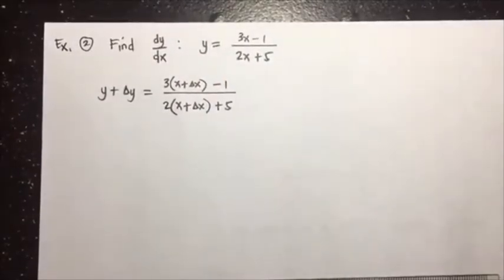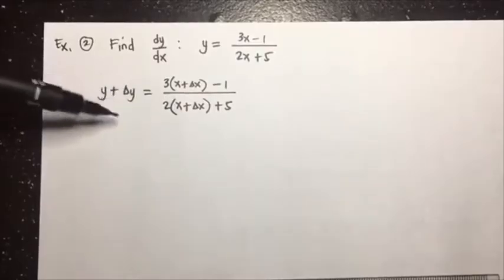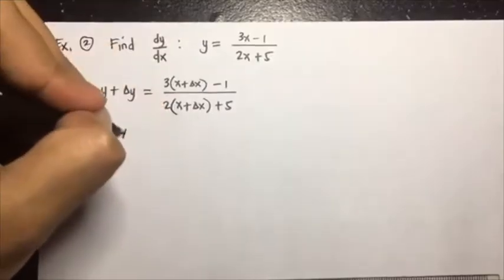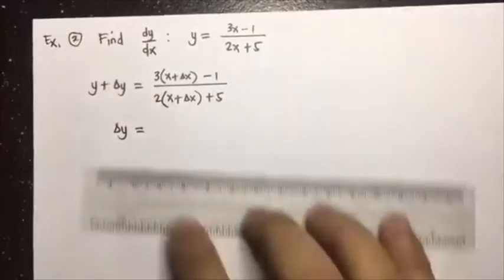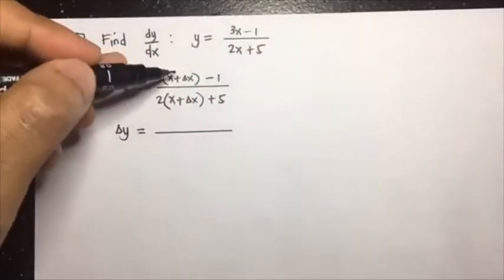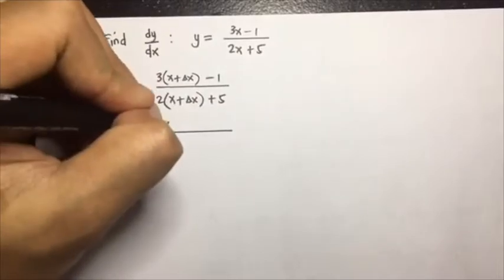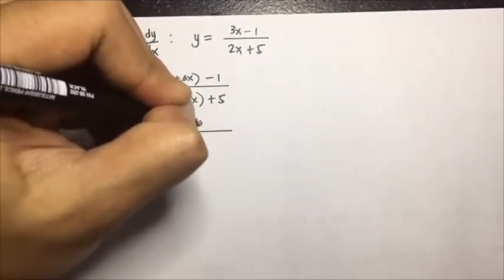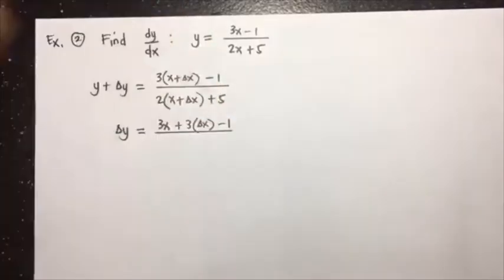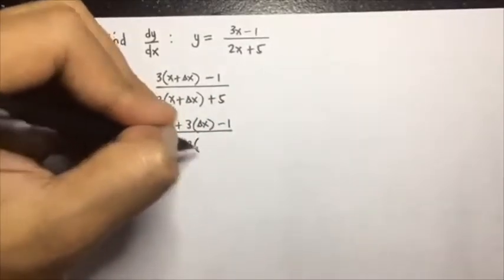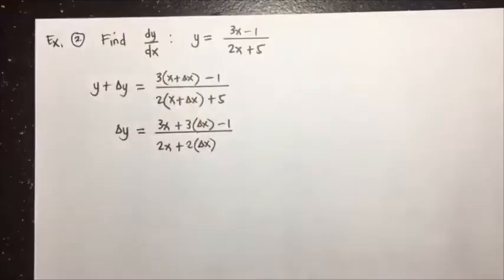Okay, so similarly, since we only need delta y on the left side of the equation, we will transpose y to the other side. So delta y is equal to, we can expand already. 3 times x is 3x, 3 times delta x, so we have 3 delta x minus 1 over, expanding this, similarly we will have 2x plus 2 delta x plus 5.